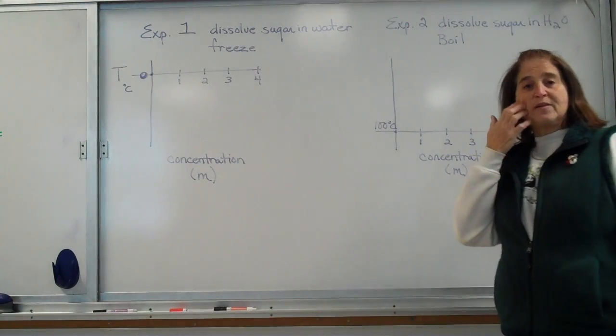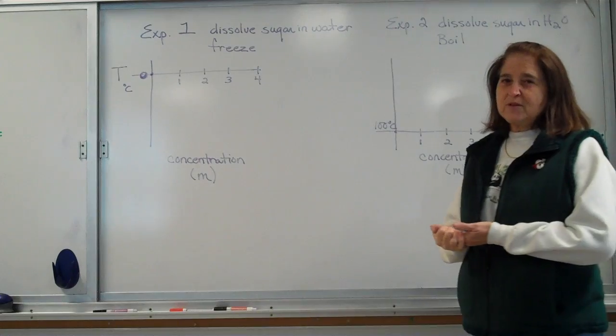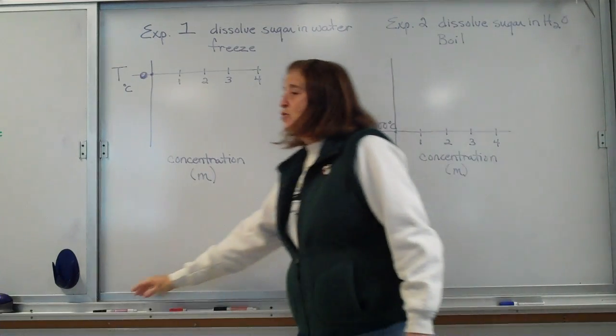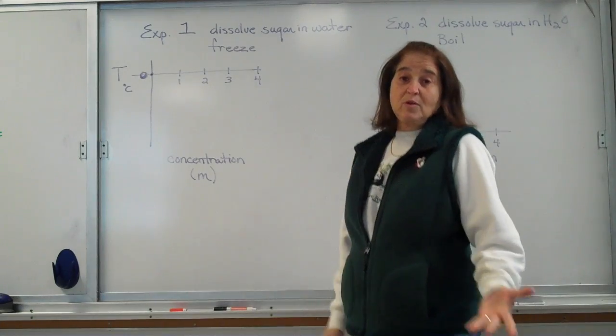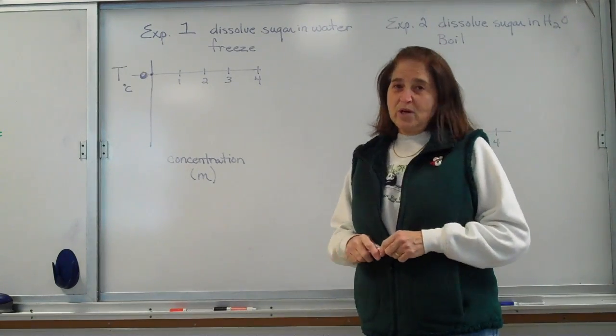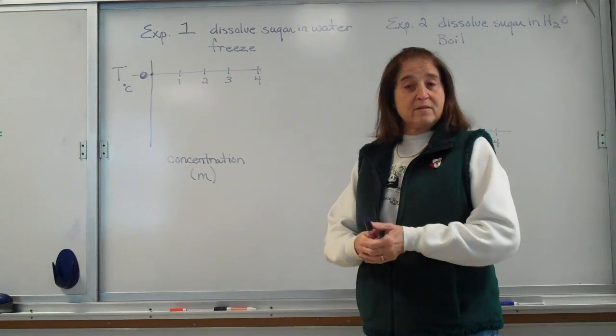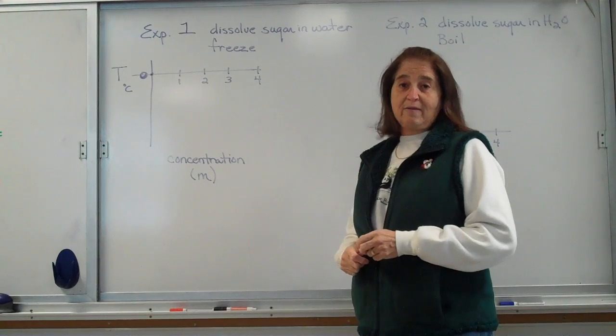I want you to look at the data that I'm going to put on the board. Let's look at our first experiment. I'm going to dissolve some glucose sugar in water. The question is, how will this affect the freezing point? So I'm going to do a graph.